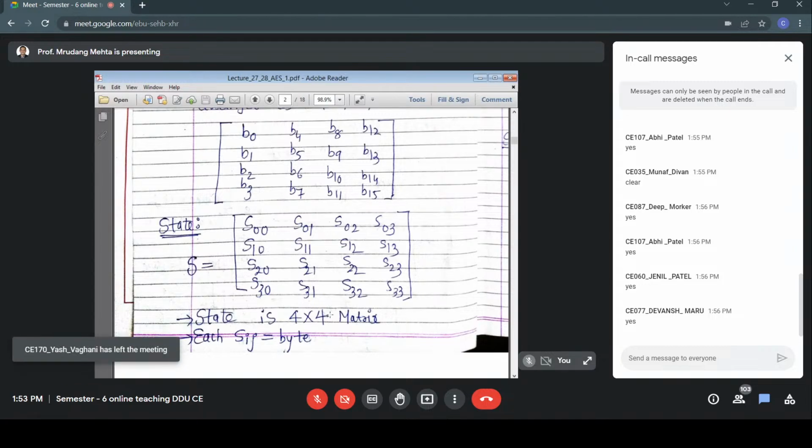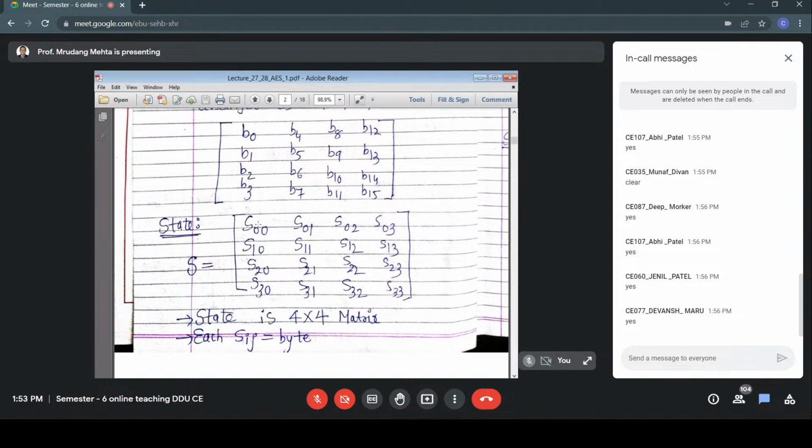We have 16 such bytes, right? Then row 0, column 1, row 0, column 2, row 0, column 3, and so on. So the state is the same 4 cross 4 matrix, and each Sij is a byte.